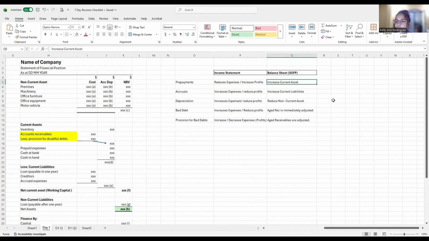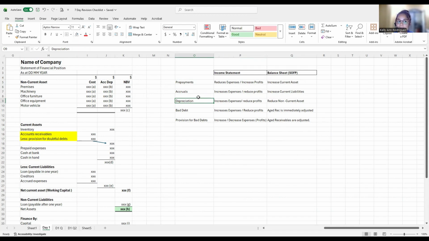But it also increases your current asset, because students forget once again to put your prepayments in your balance sheet, which is your statement of financial position. Accruals increase your expenses, so it reduces your profit and also increases your current liability in your statement of financial position. Depreciation increases your expenses or reduces your profit, which also reduces your non-current asset.